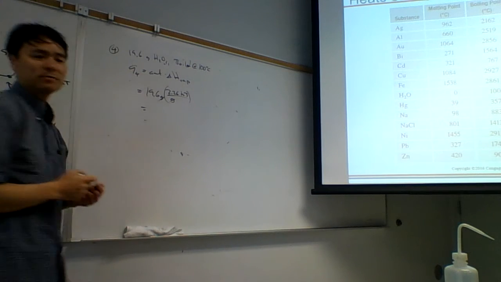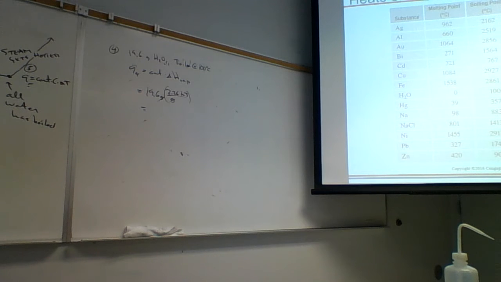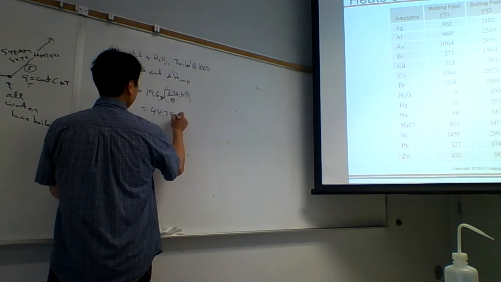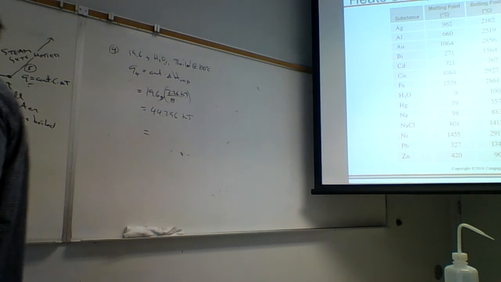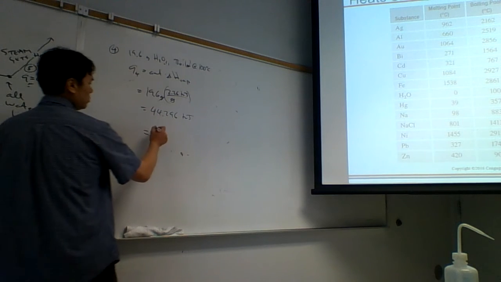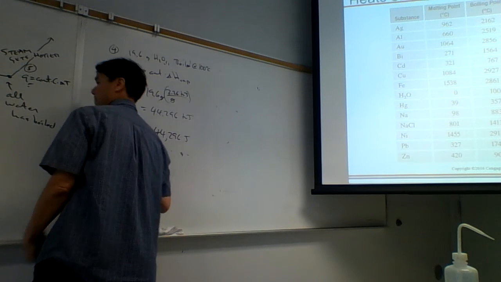Let's see what that gives me. 19.6 times 2.26 is 44.296 kilojoules. But I want to be consistent here because all these are in joules, so I'm going to convert this into joules: 44,296 joules.